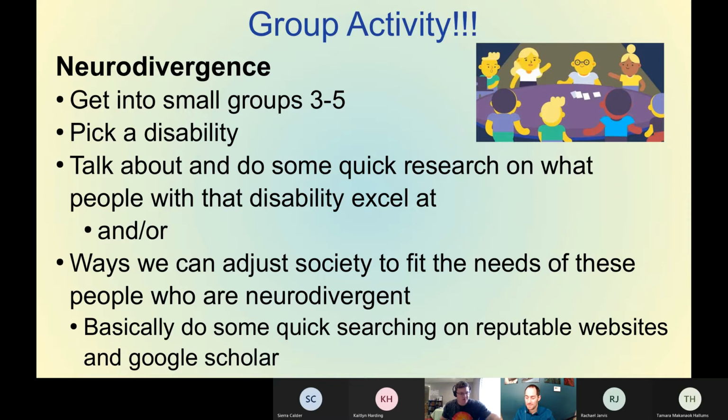Okay. So I looked up dysgraphia because that's not really a super common one that you hear a lot. You hear dyslexia more than any of the other three mentioned in that category.